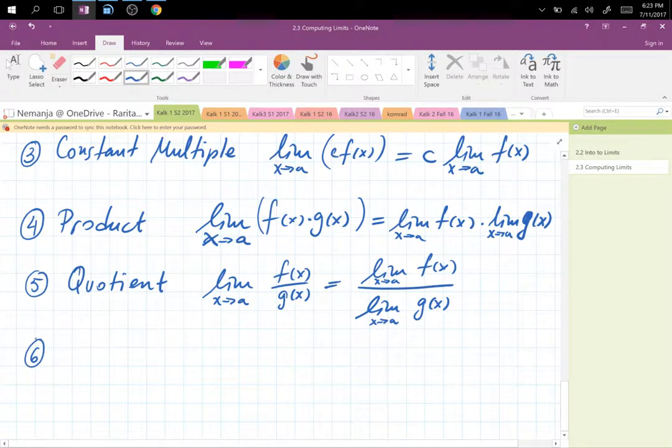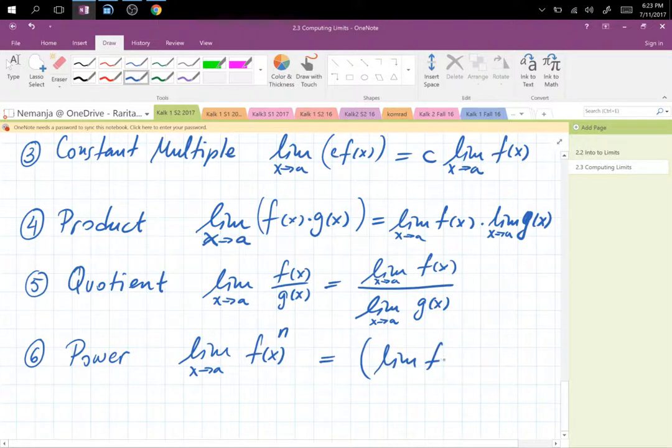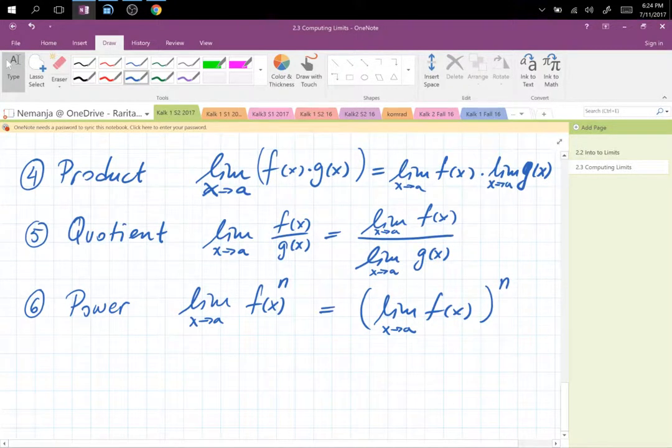Number 6 is the power rule. And the last one is the fractional power. I don't know why that is separate, a power is a power, but whatever.